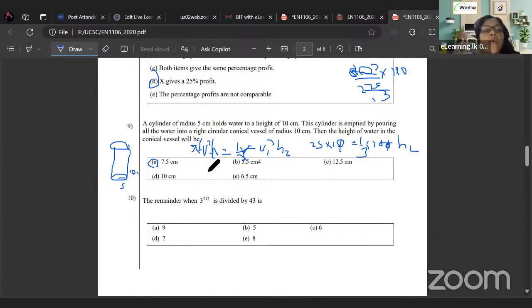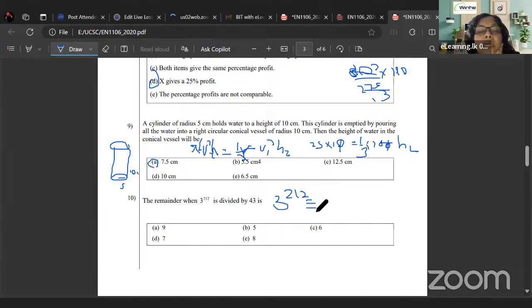Then question number 10. The remainder of 3 to the power 212 divided by 43. Then what do we have to do here?